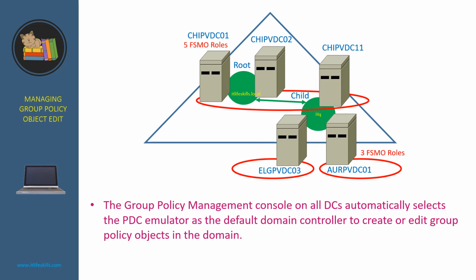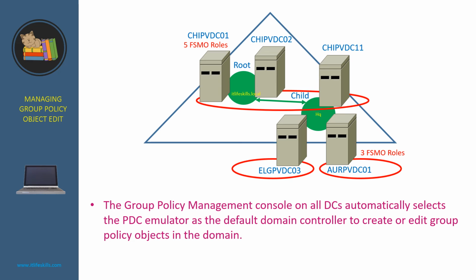So in the root domain it-skills.local, when we log into GPVDC01 or GPVDC02 and open the Group Policy Management Console, we always view the policies on GPVDC01 because it is the PDC emulator.